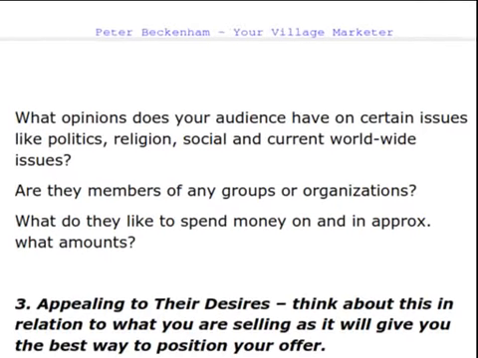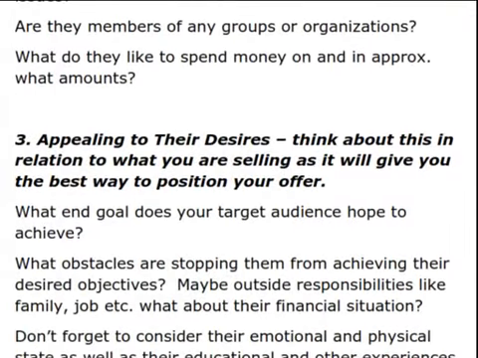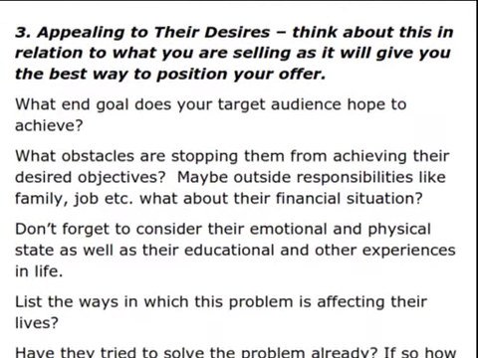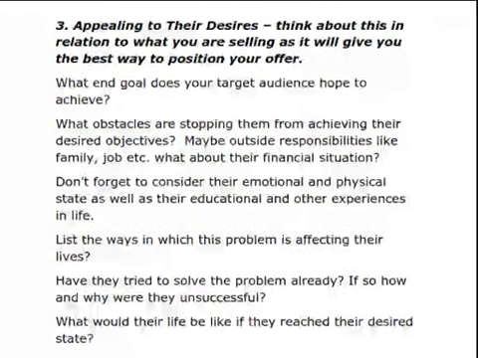Now, the third stage in getting to know your audience is appealing to their desires. Think about this in relation to what you're selling, as it'll give you the best way to position whatever you want to offer them. So for example, what end goal does your target audience hope to achieve? What are they trying to do?